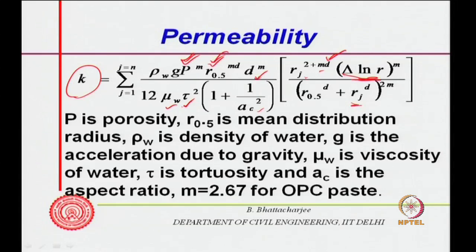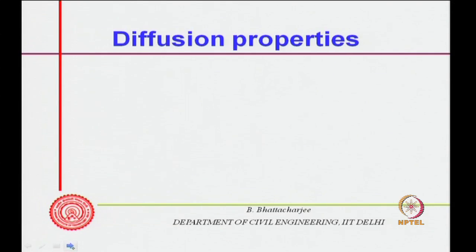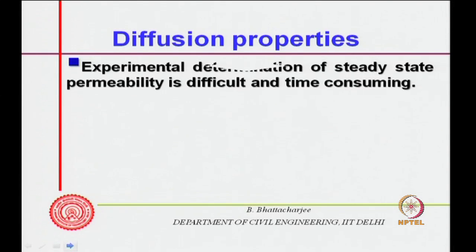Then it depends upon tortuosity, which also can be related to the material, the kind of age, etc., viscosity of water and so on, and aspect ratio of pores, which in the simplest case can be 1 for circle.